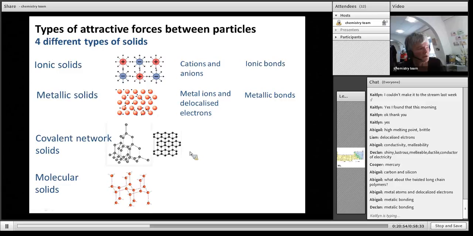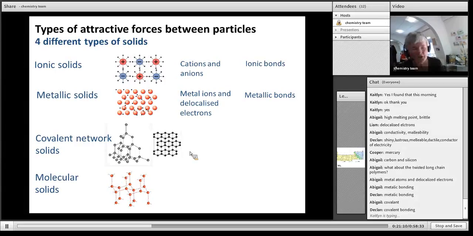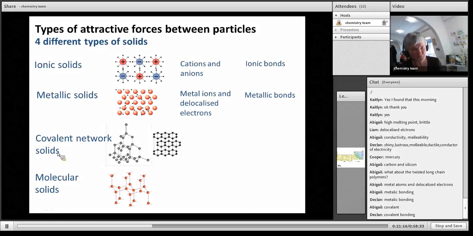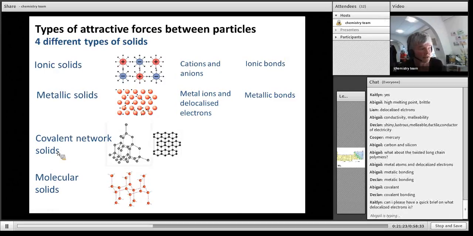What about your covalent network solid? First of all, what sort of bonding would you find in covalent network solids? So for covalent bonding. Those three, the type of bonding is really given in the name. So that should be quite simple. What type of particles do we think of in covalent network solids? Sorry, I didn't say that question very clearly. What type of particles do we find in the covalent network?